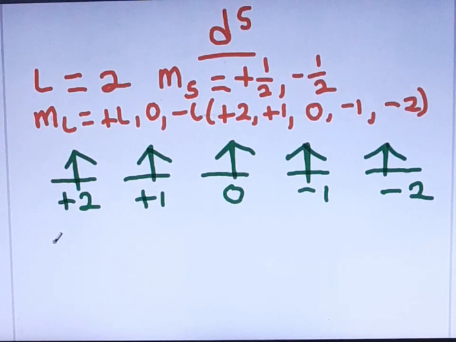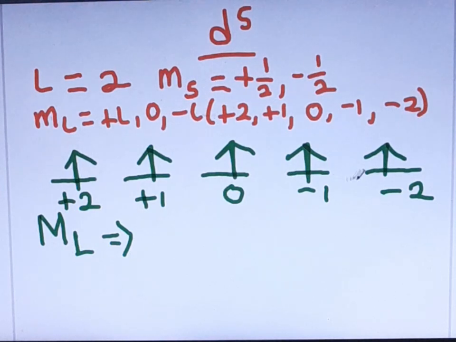Then we calculate the total orbital magnetic quantum number, which is represented by capital M and L. To calculate the total orbital quantum number, we add the magnetic quantum number of the orbitals that contain electrons.